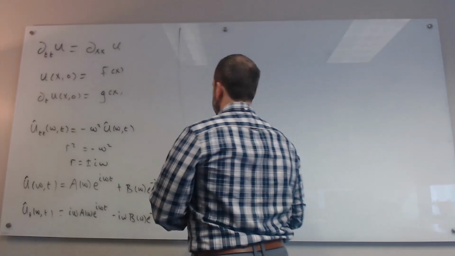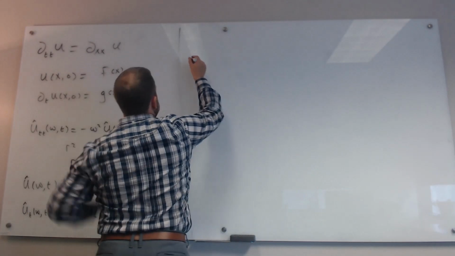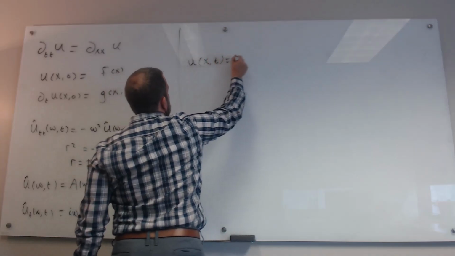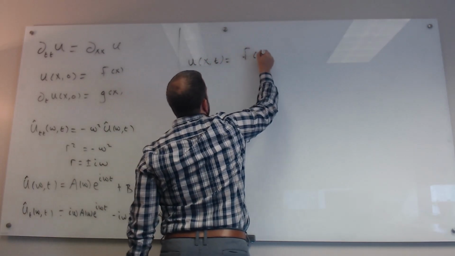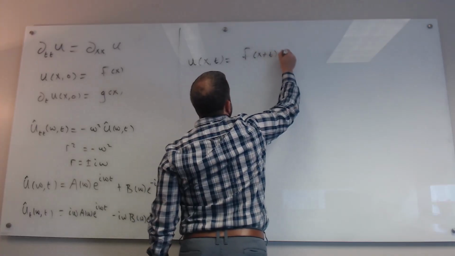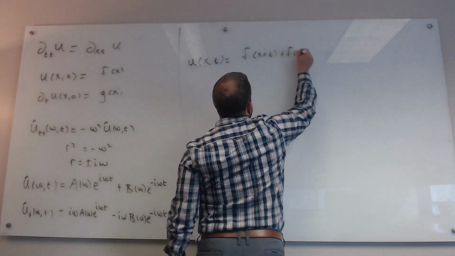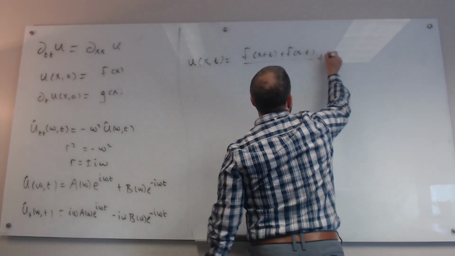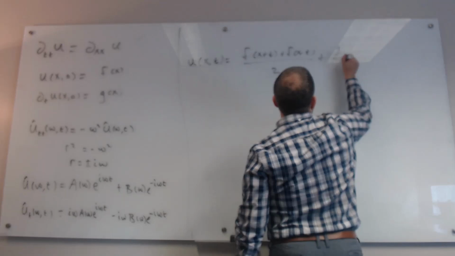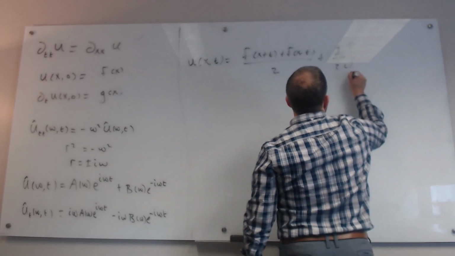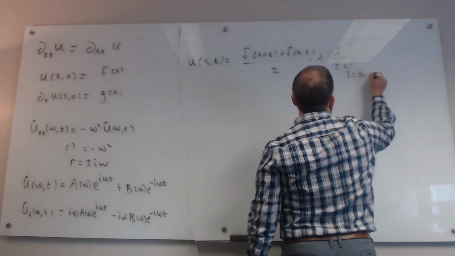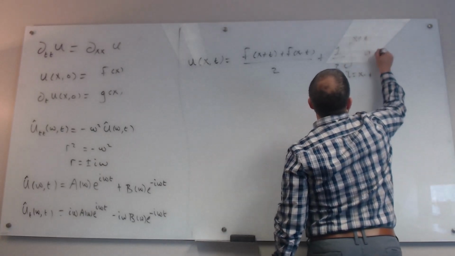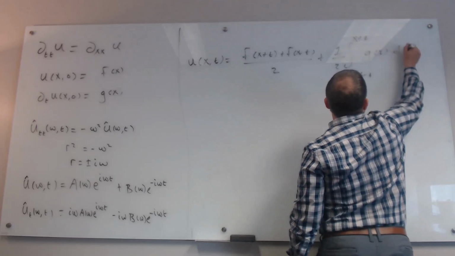So overall, the solution to this overall equation is u of x, t equal to f of x plus t plus f of x minus t over 2 plus 1/2 times the integral from tau equals x minus t to x plus t of g of tau d tau.